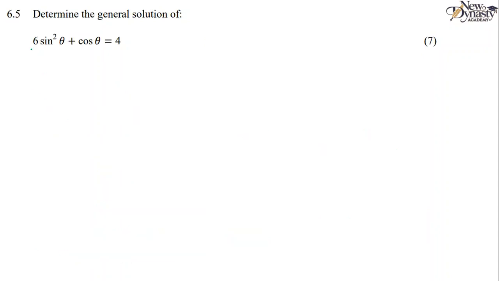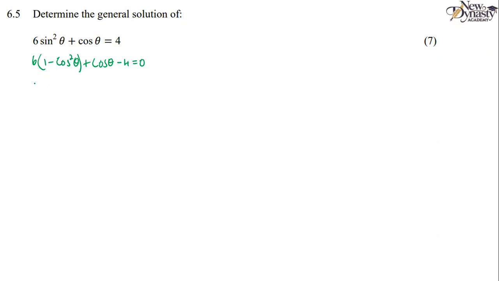So we've got our 6 here. Instead of sine squared theta, we're going to have 1 minus cos squared theta in brackets, plus cos theta minus 4 equals 0, because it looks like we have to factorize this.